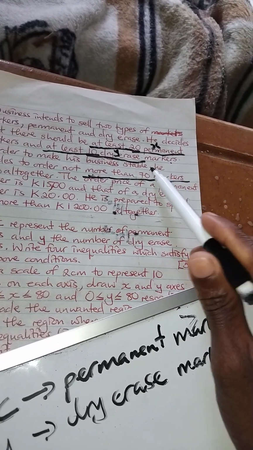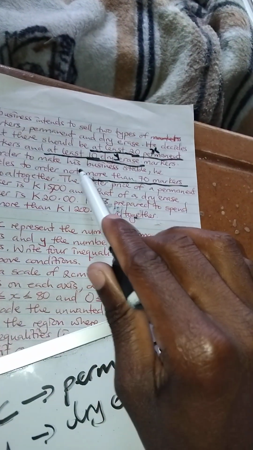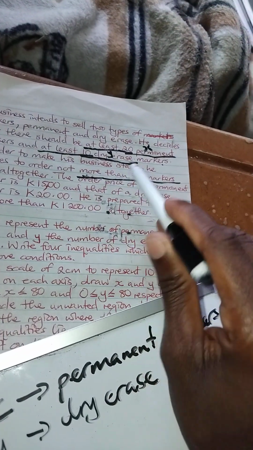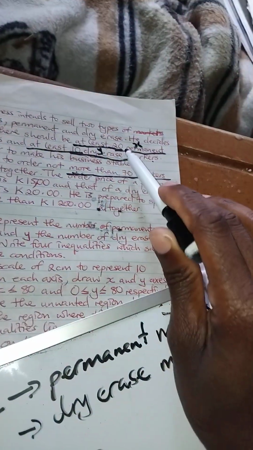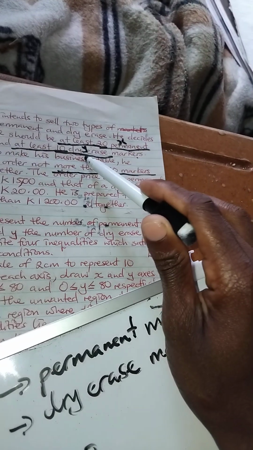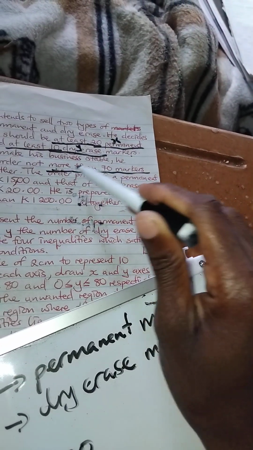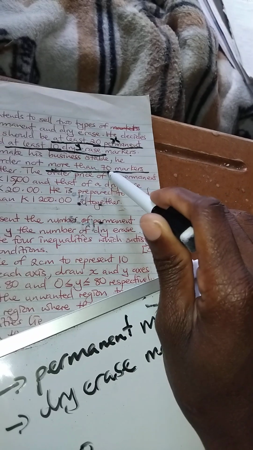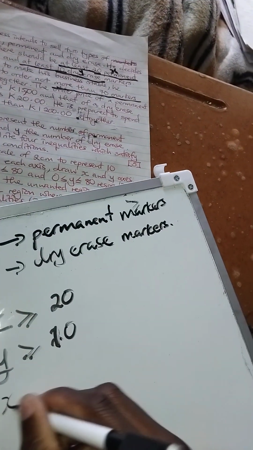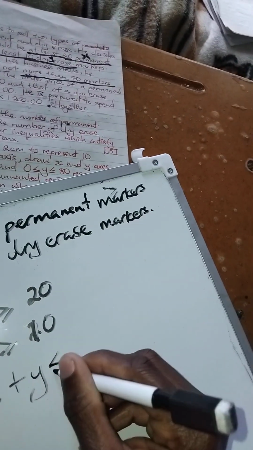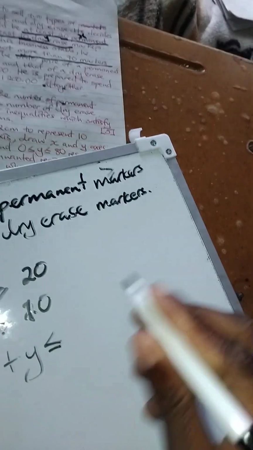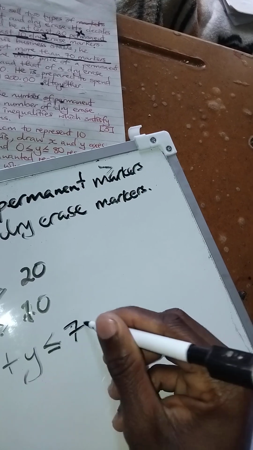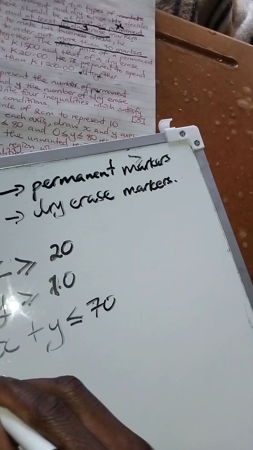So all the permanent and dry erase markers together are not more than 70, so X plus Y is less than or equal to 70.